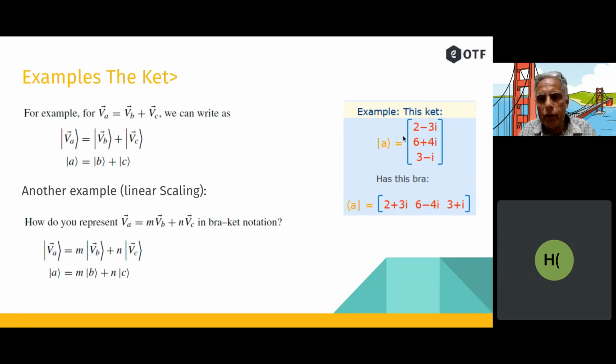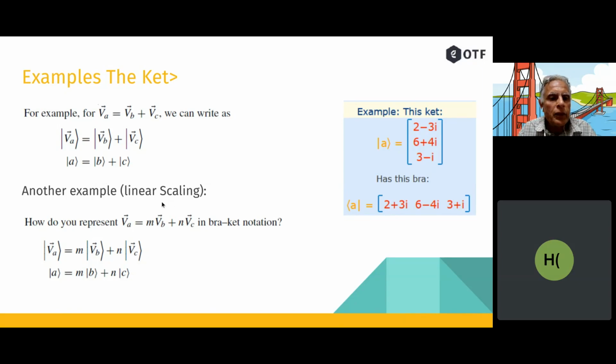So you can see if I numerically represent a Ket A, it is an example in this case 2 minus 3i, 6 plus 4i, and 3i, which are the 3 dimensions, or it's a 3 dimension vector A, and it's represented as Ket A. So in vector notation, what you represent here can be represented as, in this case, Va equal to Vb plus Vc. So we can write Ket A equal to Ket B plus Ket C. We are just talking about Ket A being equal to Ket B plus Ket C.